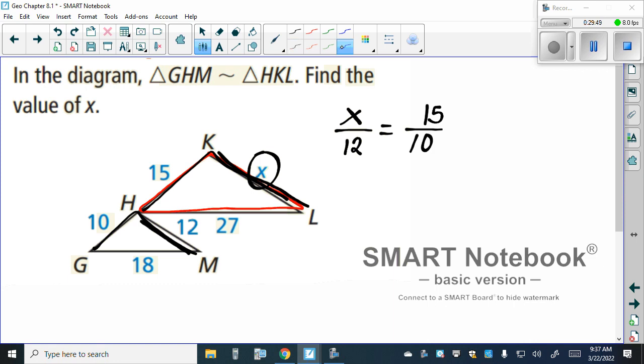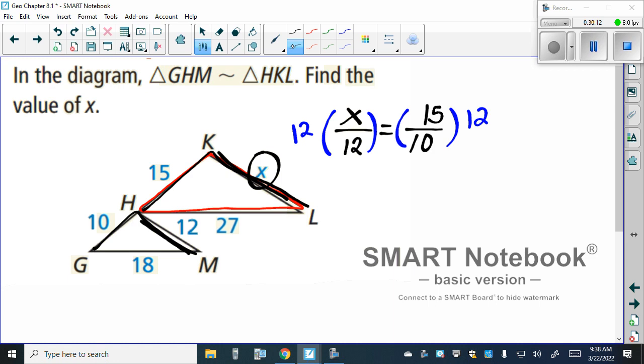Now, what do we need to do next to solve? We need to multiply both sides by what? 12, because we're wanting to get the x by itself. We're wanting to get this variable by itself. And as we just saw with the previous one, when I multiply x over 12 by 12, the 12 over 12 will simplify to 1.